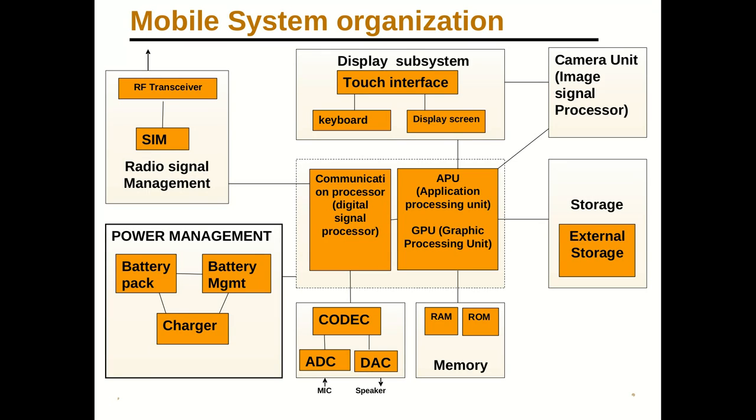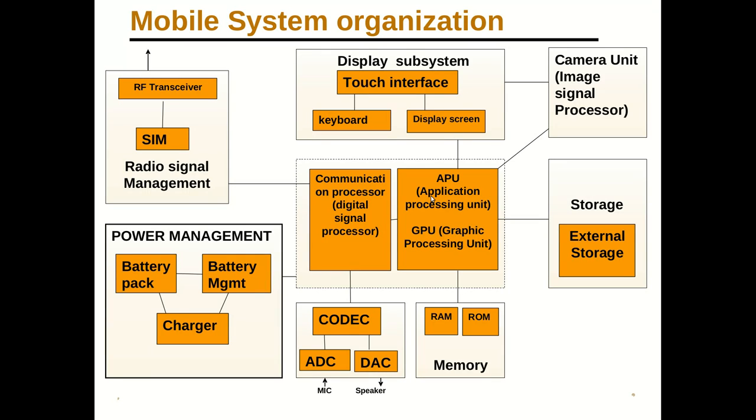The first one is the communication processor, that is called the digital signal processor. The use of the digital signal processor is to process the communication related data which is transmitted and received by the RF transceiver.